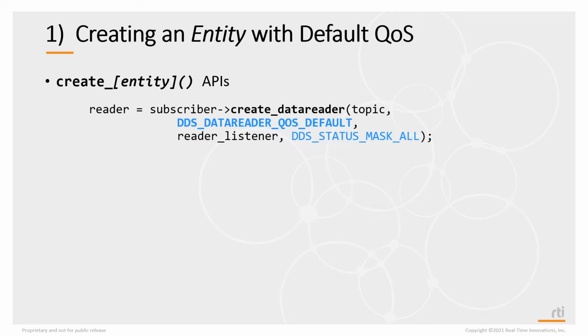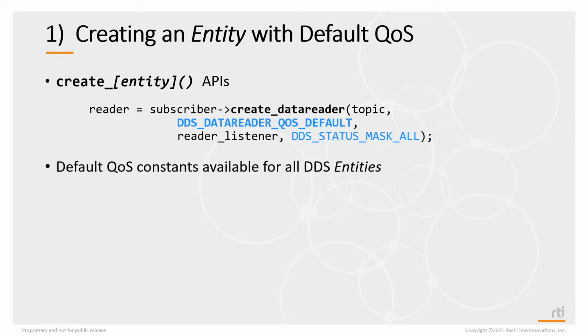There's a predefined constant that basically references the default QoS, DDS data reader QoS default, and that tells the create data reader method to use the default value of the data reader QoS policies in creating a data reader. Now that constant is available for all DDS entities.